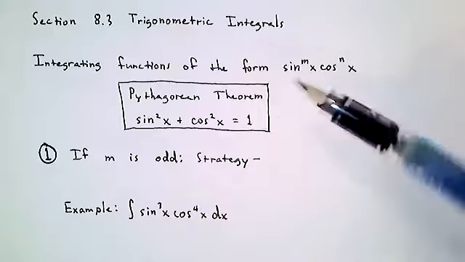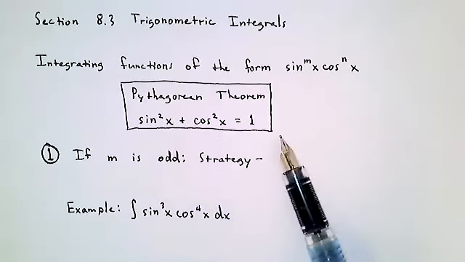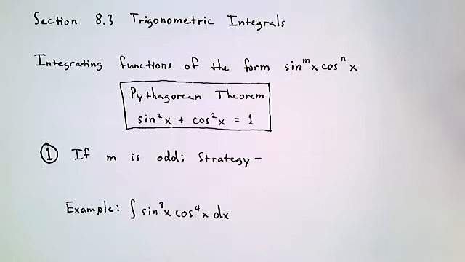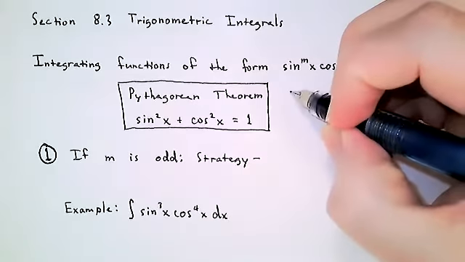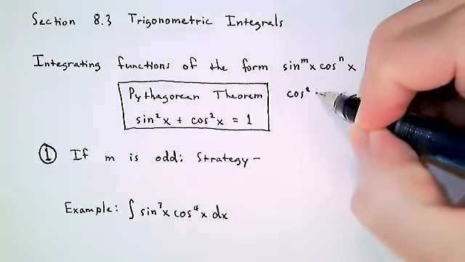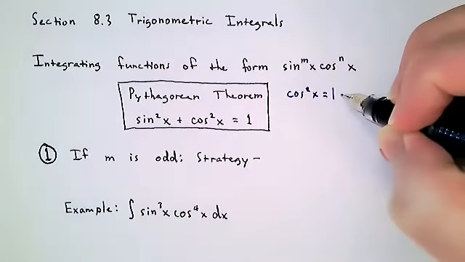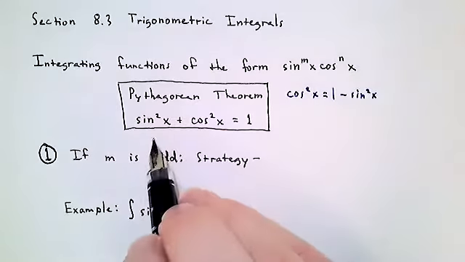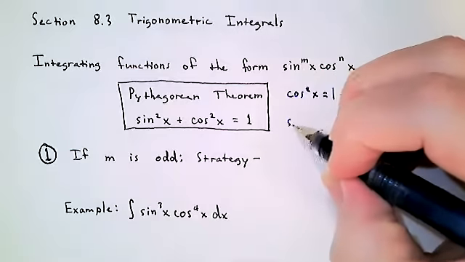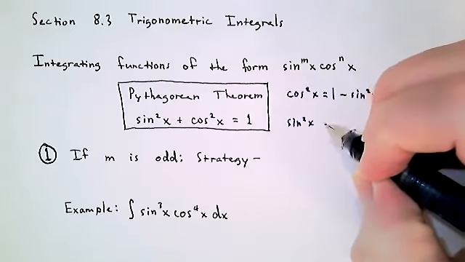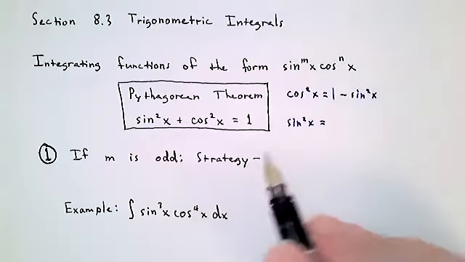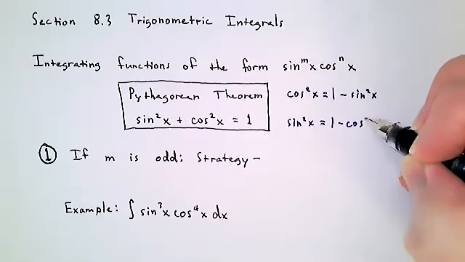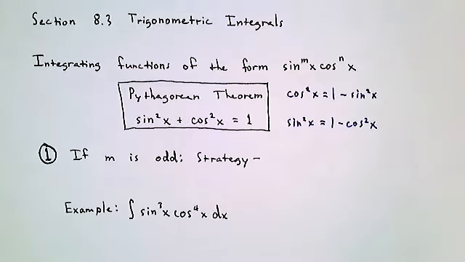And generally what we're going to do is move one of these two to the right-hand side in order to replace powers of cosine or sine. So what I mean is cosine squared of x is equal to 1 minus sine squared of x, and vice versa, sine squared of x is equal to 1 minus cosine squared of x.